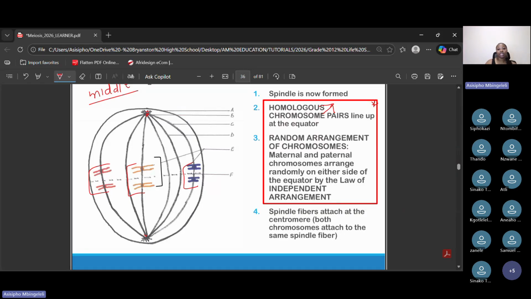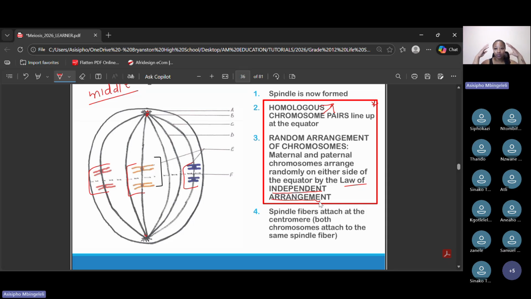Now, one thing that we need to note here, there is a specific law, and that is known as the law of independent arrangement. This law is explaining that since you are having the 23 pairs of chromosomes here, there is no particular order in which these chromosomes are going to arrange themselves.